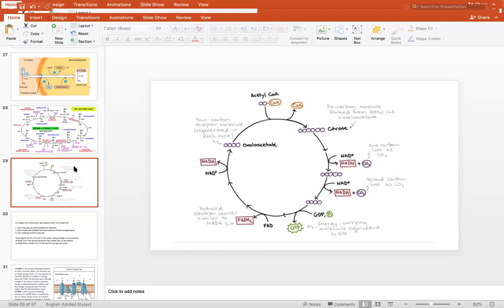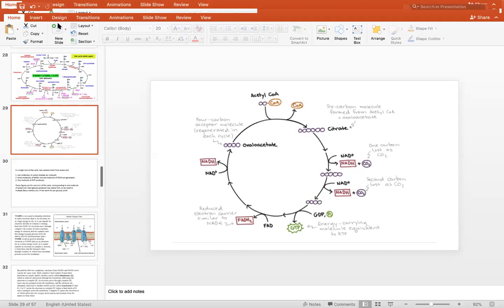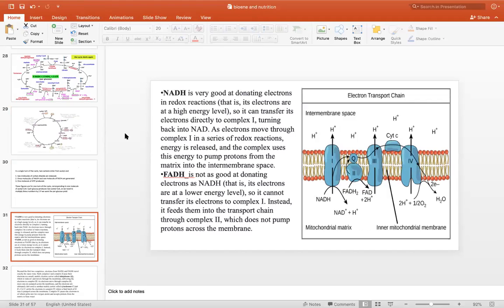Now all this NADH and FADH will then be taken to form ATP. Okay. To produce ATP, NADH is very good at donating electrons in redox reactions, so it transfers its electrons to the first complex.